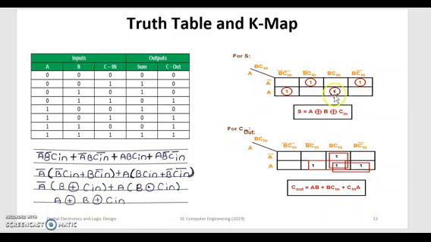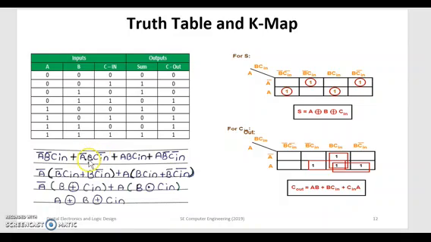And if you form the equation from this, then for this one, the term will be A bar, B bar, C in. So A bar, B bar, C in. Then for this one, you will have A bar, B and C in bar.